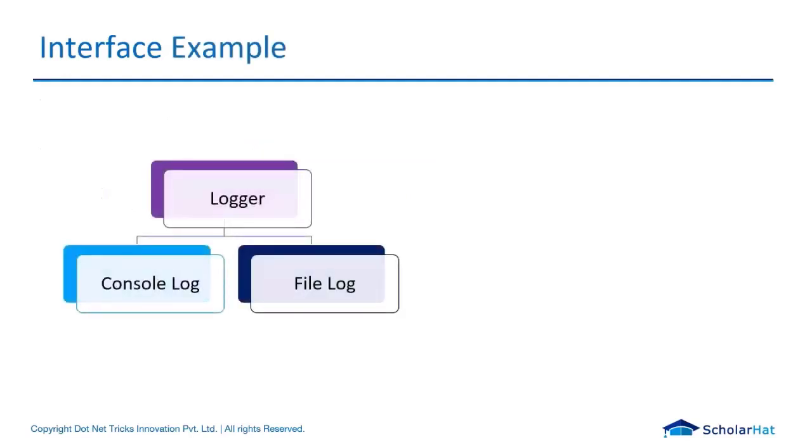So many examples you can consider. I will be demonstrating the same banking example to you with the help of an interface, but there are so many other real-time implementations where you can come up with these kinds of contracts. There is a logger, where you have a console log and file log. Similarly, you have a printer implementation.